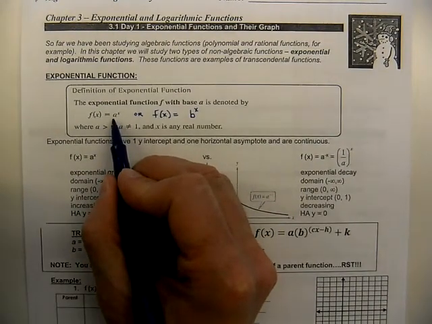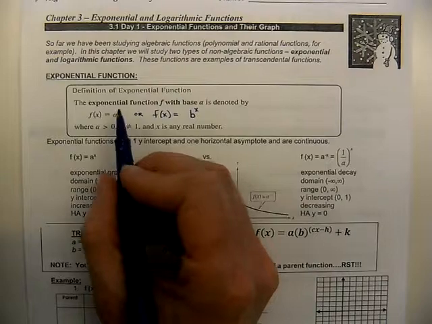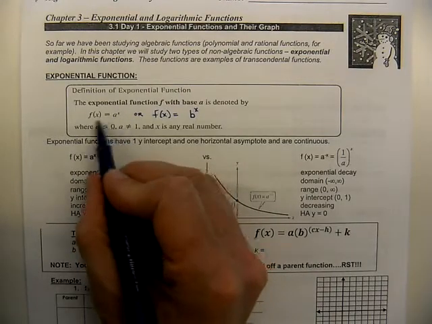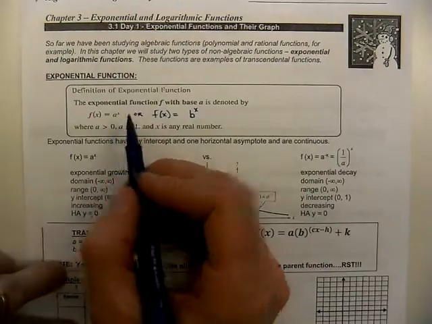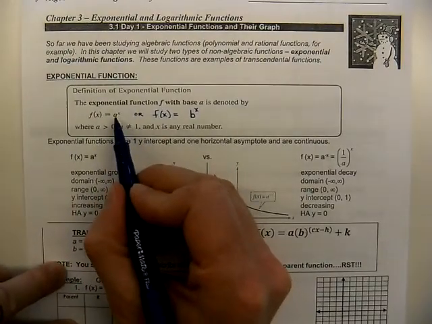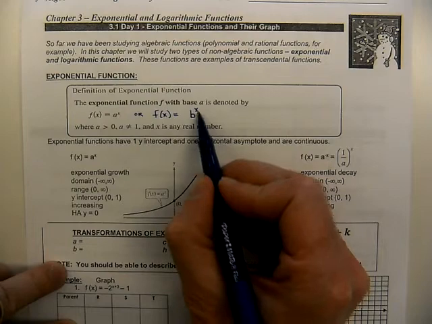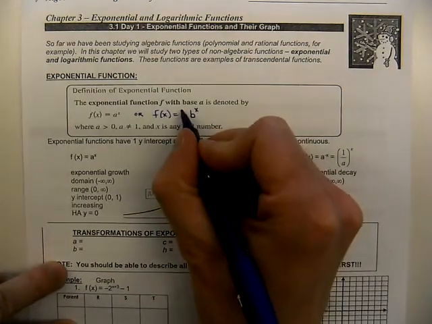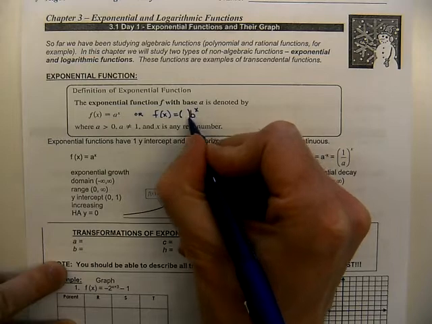However, we're graphing with transformations, and sometimes we have a negative sign in front, but the base still has to be positive. So even though our book uses the letter a to represent the base, I prefer to use the letter b to represent the base, and the reason is because we can then use a as a placeholder in front. That's your multiplier.